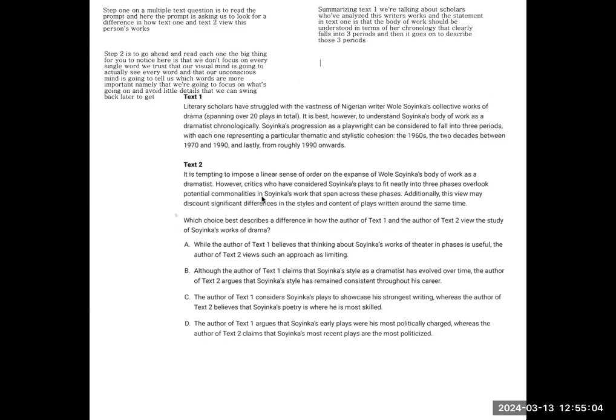Summarizing text two, we're seeing it to be really critical of organizing the writer's works because it says it's tempting to impose a linear sense of order on the body of work.